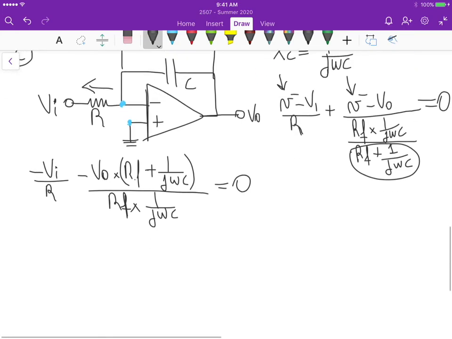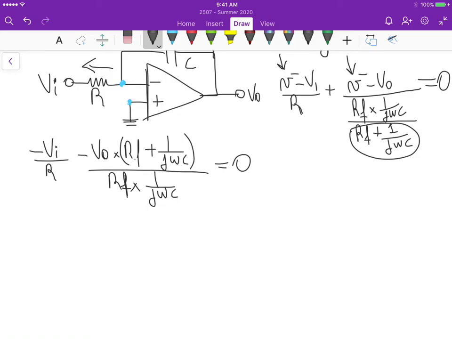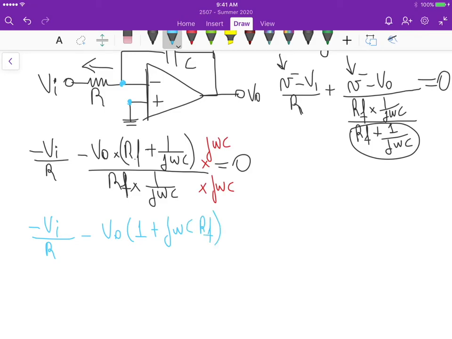So we can simplify this equation even more by multiplying the second term of the equation by j omega C, and here on the denominator also by j omega C. It's the same as multiplying this second term by 1, but it simplifies the equation. So we get minus VI over R minus V out, and then this j omega C times j omega C becomes 1 plus j omega C RF for this multiplication divided by just RF, right?